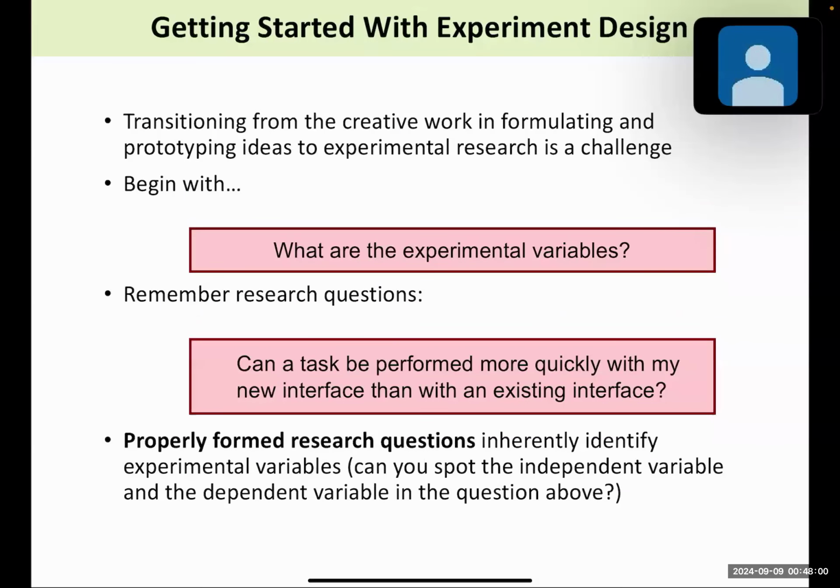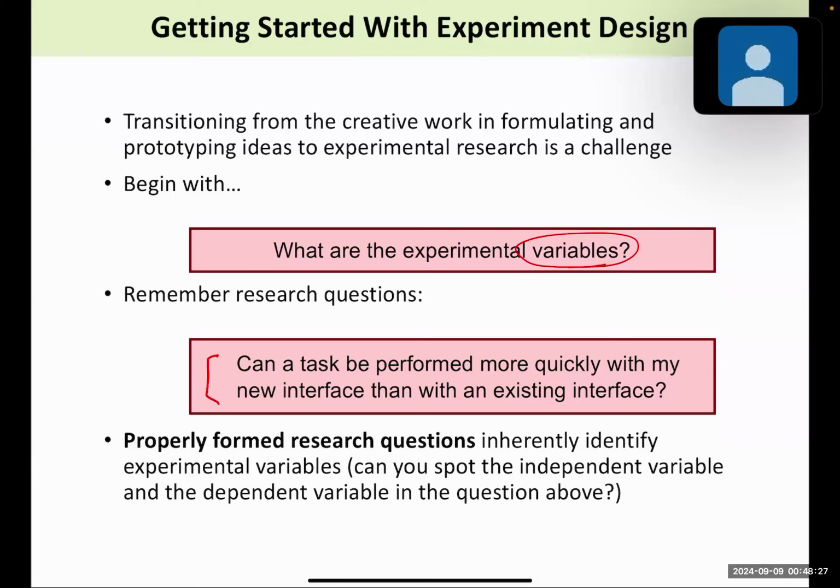All right, so when you design experiments, you first need to begin with a question as follows. What are the experimental variables, right? You need to remember the research questions. Can a task be performed more quickly with my new interface than with an existing interface? This can be your research question, for example.